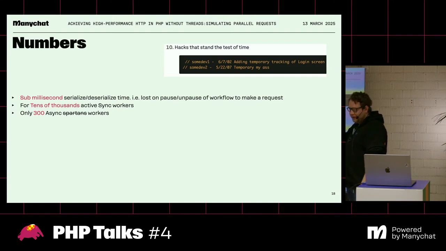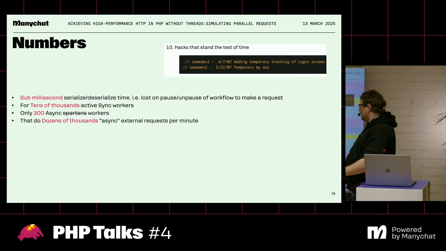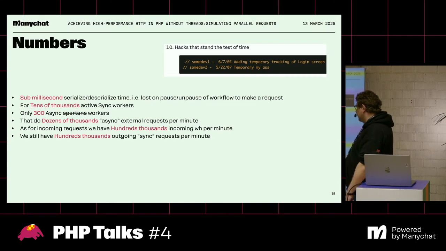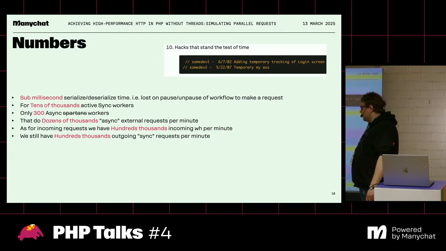Actually, most of the time they don't do anything. They just serve those requests. Those 300 workers do dozens of thousands of asynchronous external requests per minute, and for hundreds of thousands of incoming requests per minute, we still have to make hundreds of thousands of synchronous requests, sending the response to the customer with the elephant.